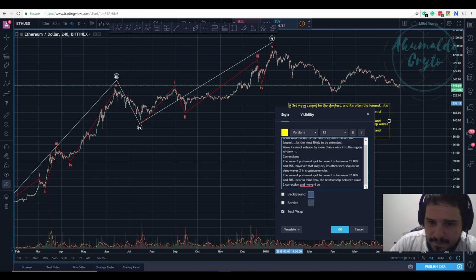Okay, between wave 2 and wave 4 corrective patterns.